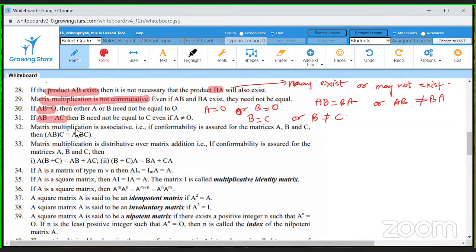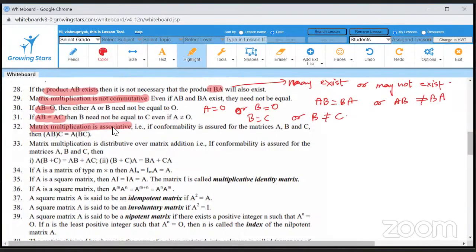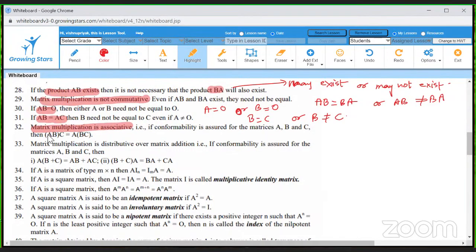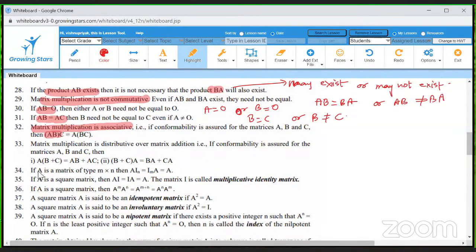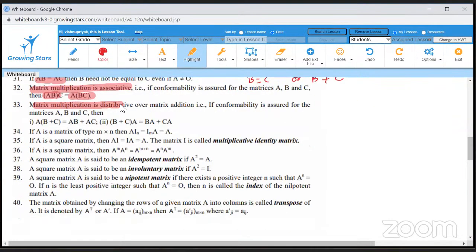Matrix multiplication is associative. That means AB into C is equal to A into BC. Matrix multiplication is distributive. That means A into B plus C is AB plus AC. B plus C into A is BA plus CA.